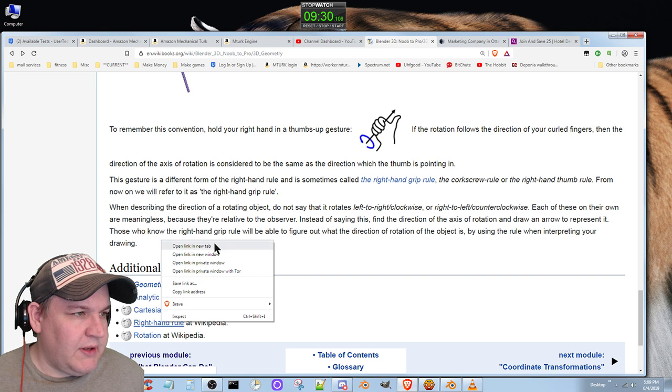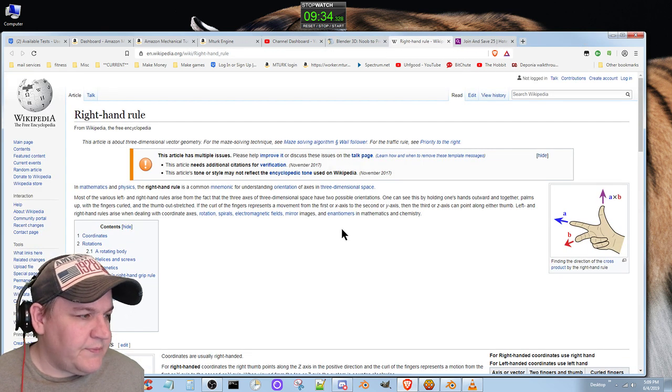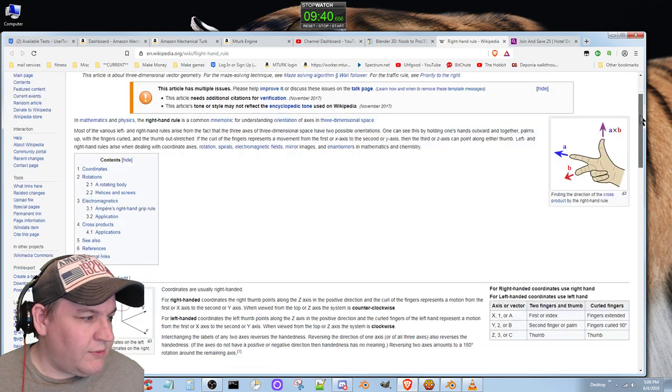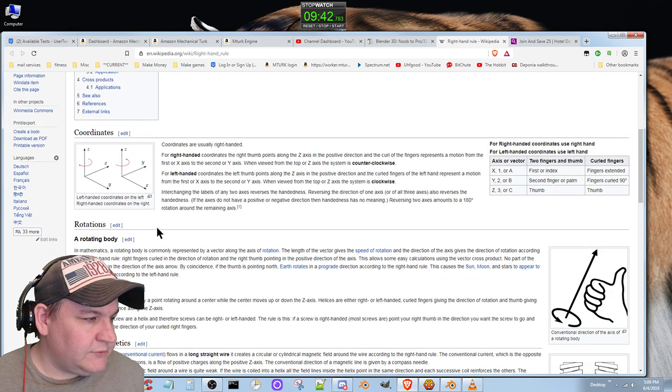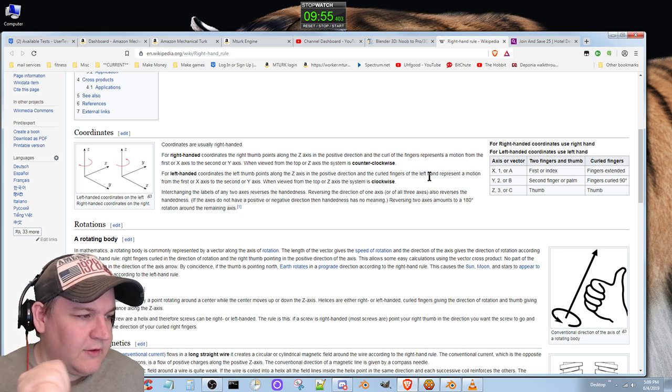Right hand rule at Wikipedia. I don't know if that's going to tell me. Here, let's close this. Right hand rule. Right thumb points along the z-axis in the positive direction. Curl the fingers to represent motion from the axis.